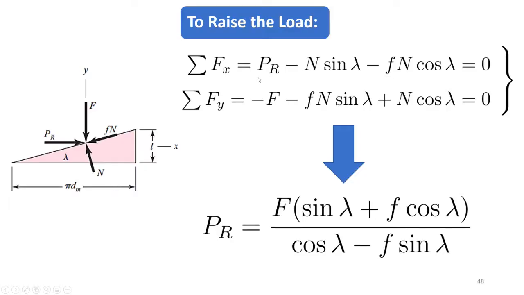In the X direction, we are going to have PR moving in this direction, minus N sine lambda. The normal reaction here, which is also a force, N sine lambda, where lambda is this angle here.